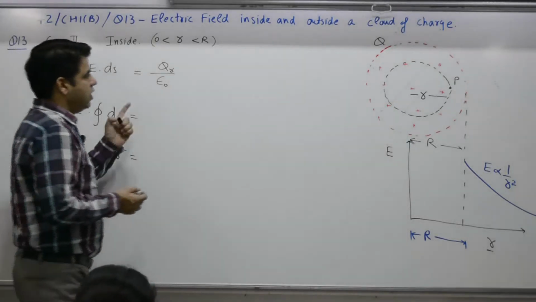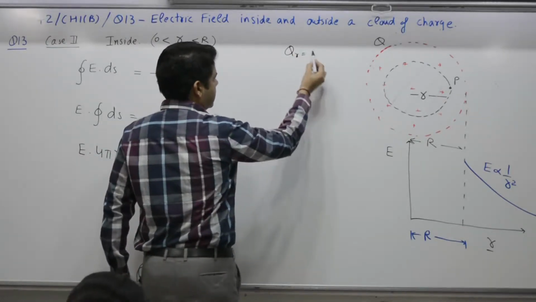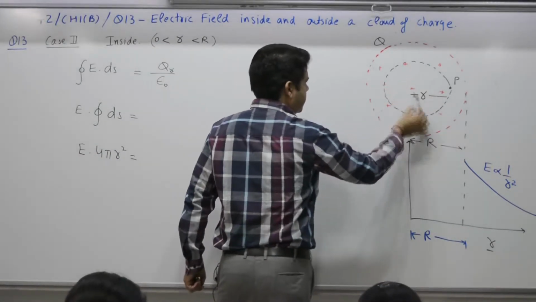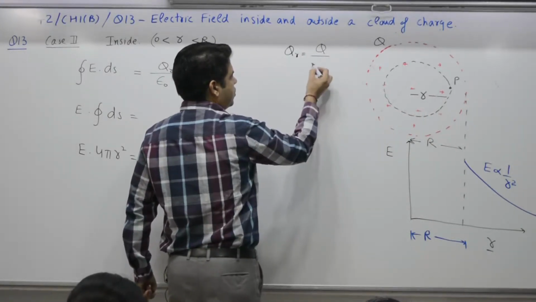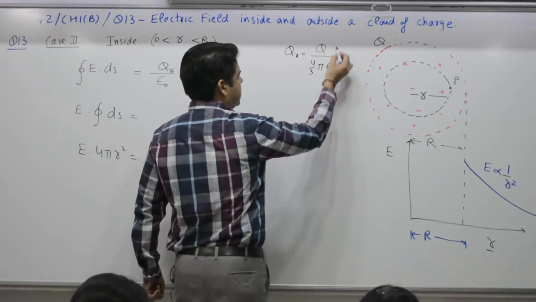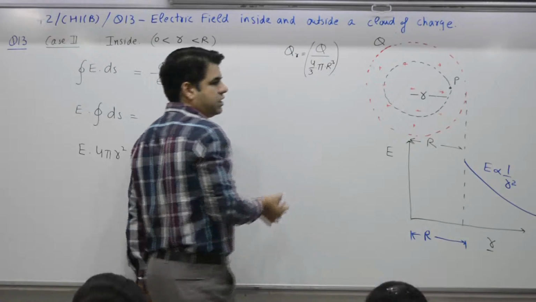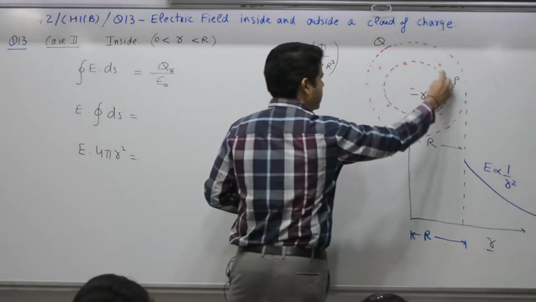Qr is the charge enclosed in this black part, only this part. Total charge is how much? Capital Q. Total volume 4 by 3 pi R cube. It is charge per unit volume, charge density. What is charge in this part only?